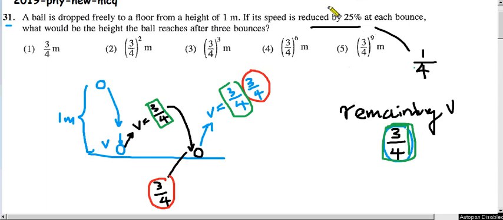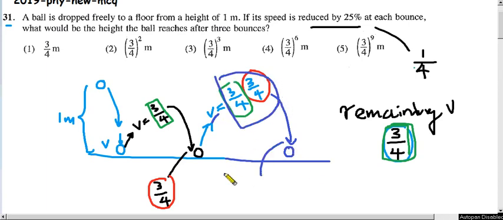Then for the third bounce it comes like this and strikes the ground. What is the striking velocity? The striking velocity is this total value, 3/4 times 3/4. So what is the velocity when it bounces after the third strike?